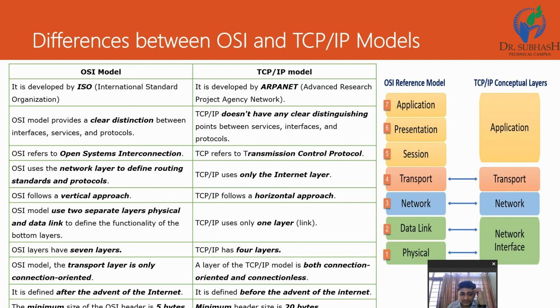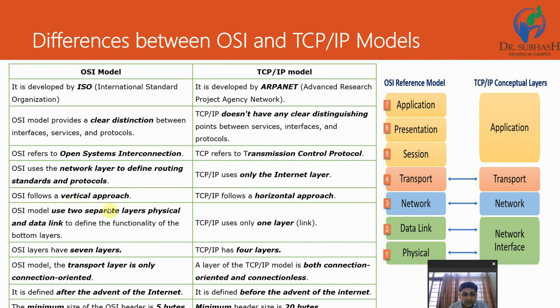Routing algorithms deal with the network layer, and here it uses only the internet layer, right? We can say OSI follows the vertical approach, while TCP/IP follows the horizontal approach. Horizontal means a single layer has multiple tasks. So a single layer has multiple tasks, that is a horizontal approach.